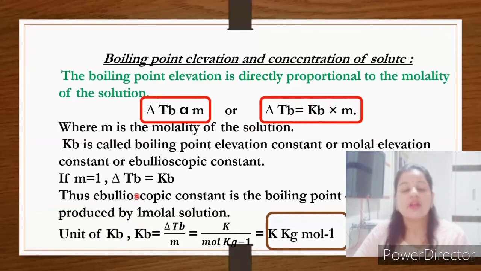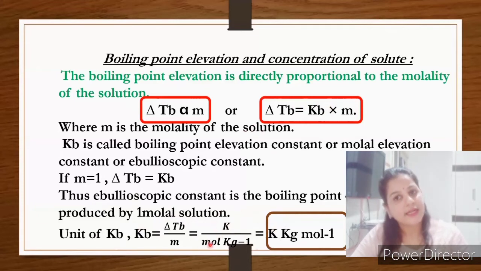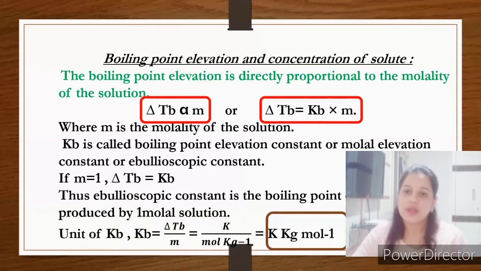Now let us derive the units for this Kb. If we rearrange this equation, Kb will be equal to delta Tb upon m. And delta Tb is nothing but a temperature difference, which is given either in Kelvin or in degrees Celsius. Next is molality.